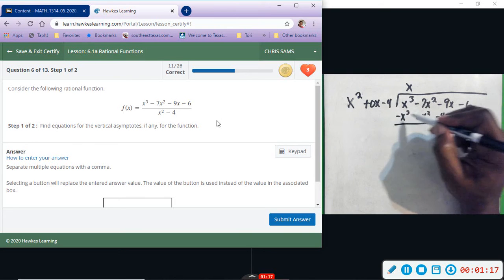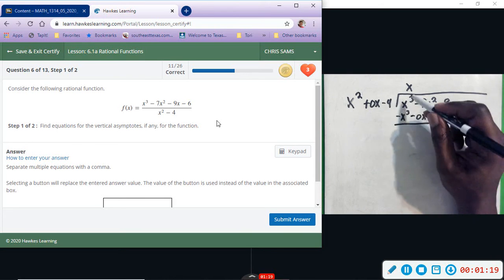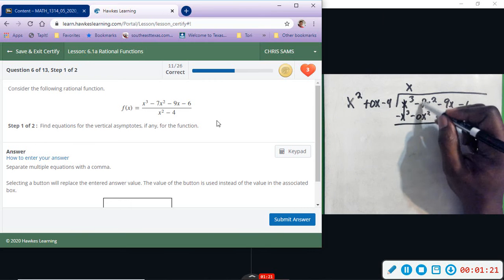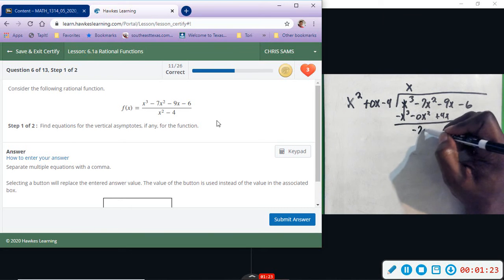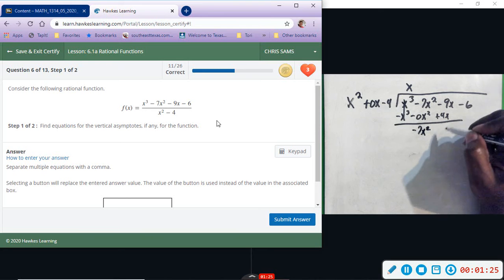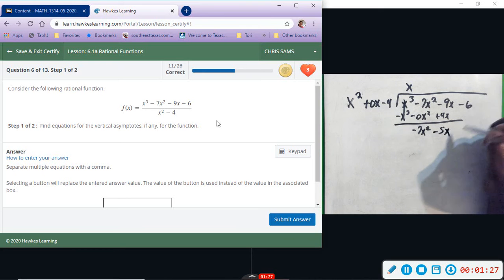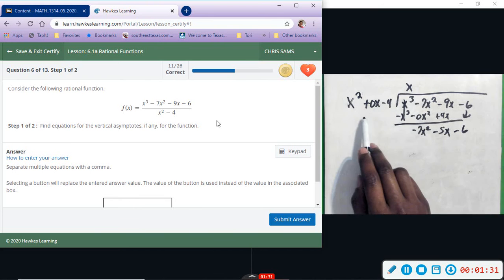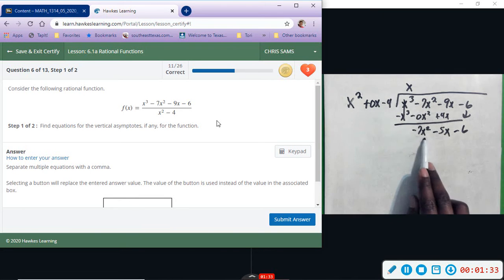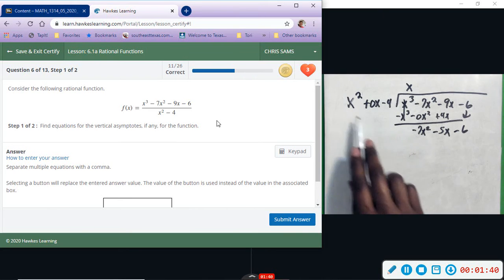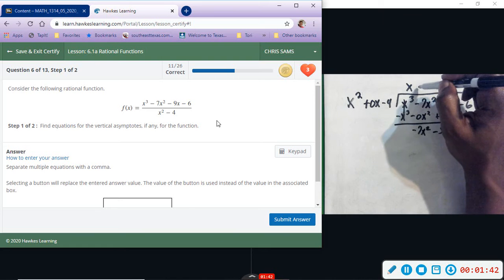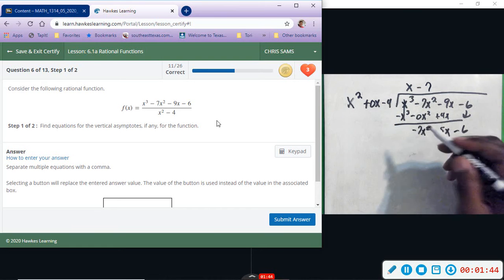Alright, change the signs and combine, so that will go to 0. Bring down your negative 7x squared and bring down negative 5x and bring down minus 6. Alright, so now we're looking at the x squared, trying to get it to equal the negative 7x squared. In order to get these to equal, I need to multiply by negative 7. So minus 7.